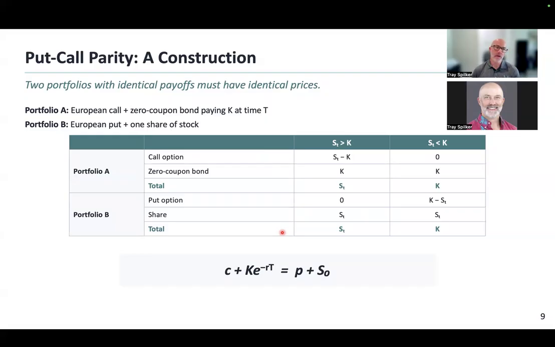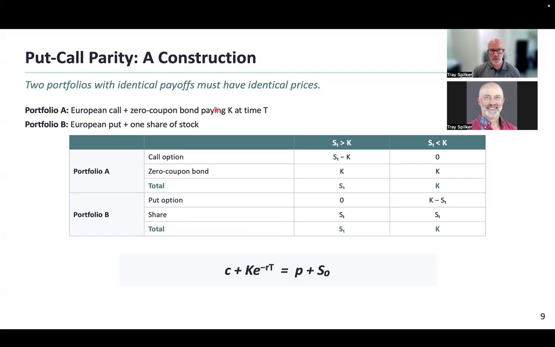So for that first lower bound call option, we were looking at the European call option and a zero coupon bond paying the strike price at time T. That was equivalent to investing our money in a bond that pays off the strike price at the maturity. So that was that first portfolio.